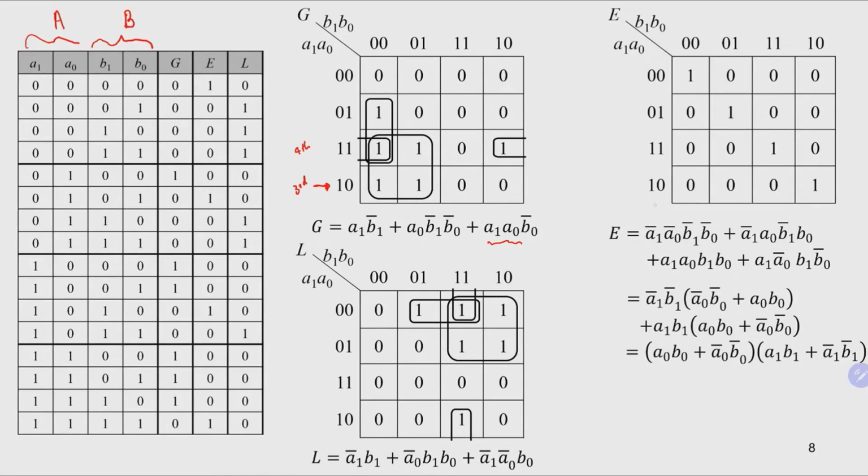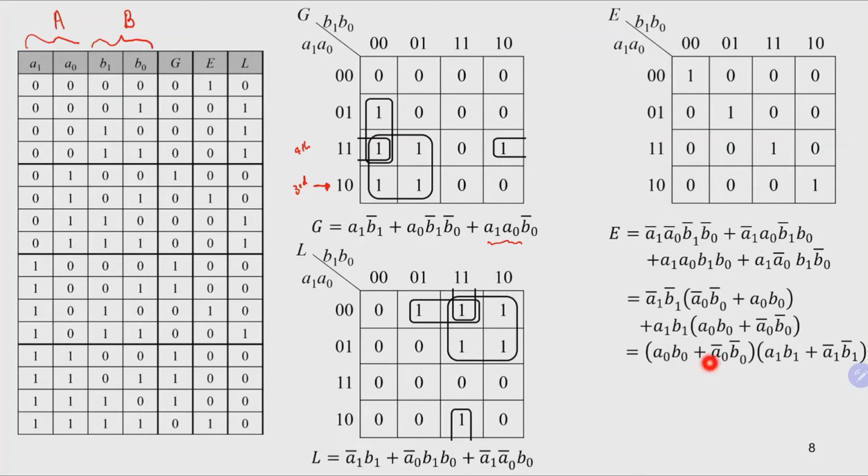But we can use our Boolean law to minimize, not really minimize, but to redistribute the Boolean variable.